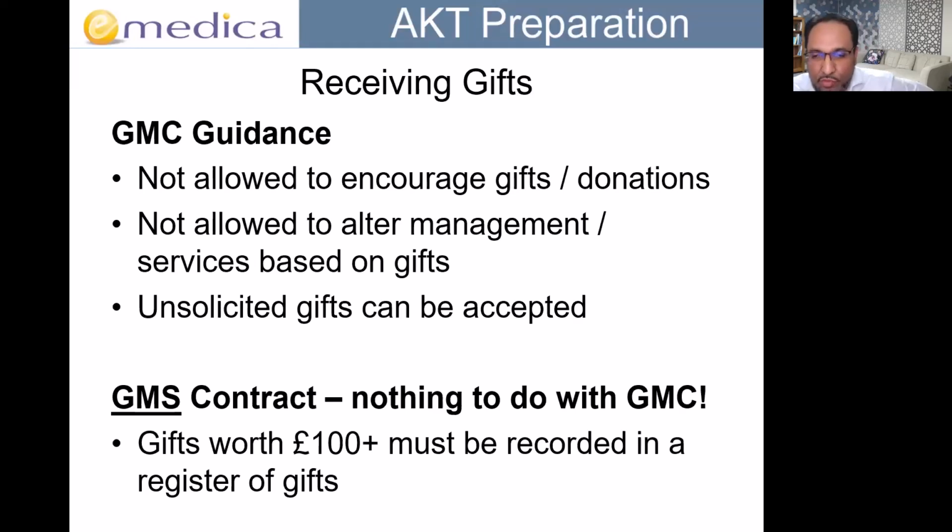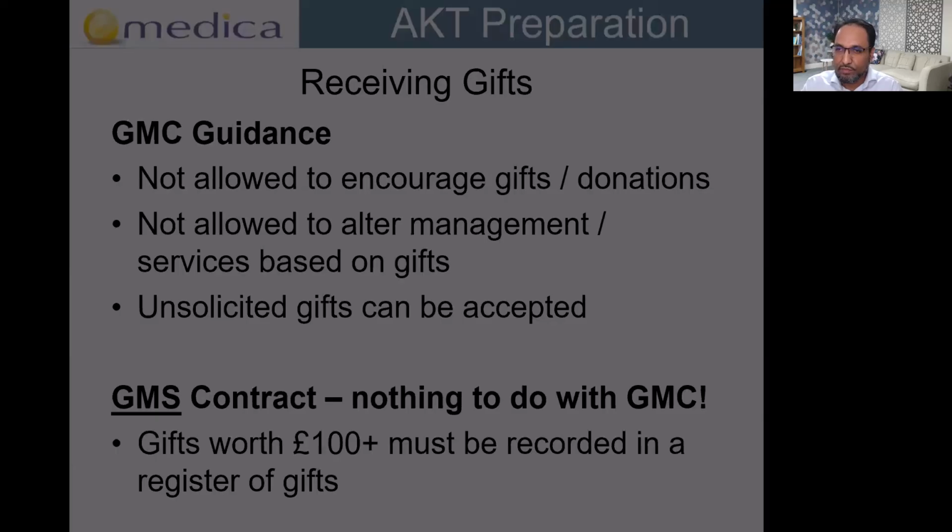I wouldn't accept a gift from someone who's got advanced dementia because they haven't got full capacity. As long as none of those are there and someone gives a gift voluntarily, you can accept it. And the GMC don't state anything about maximum value. Whereas if you're in a GMS practice, that's nothing to do with the GMC, then if you accept a gift worth £100 or more, you have to record that in a register of gifts.